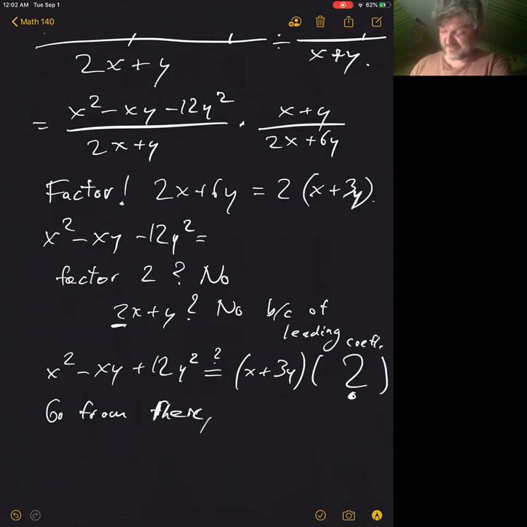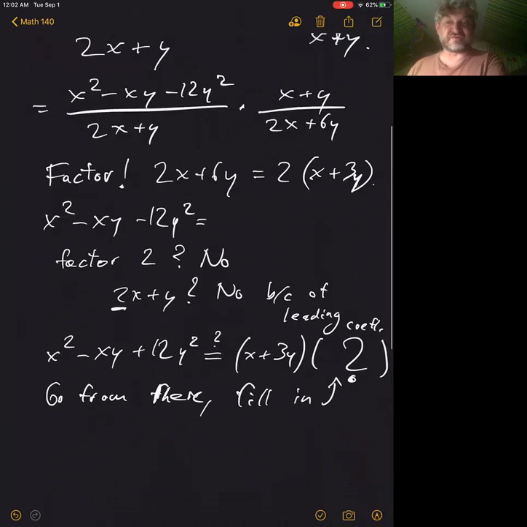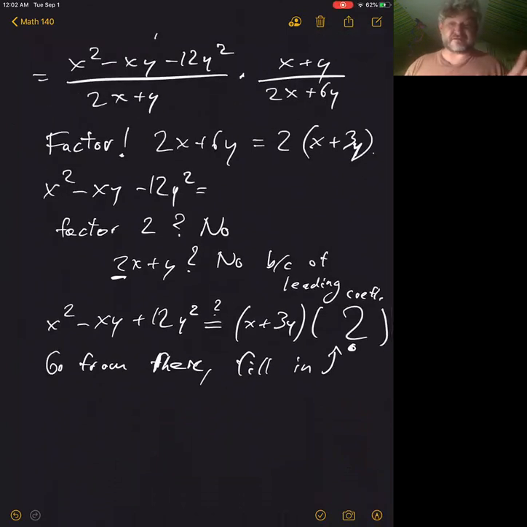So that's much easier than actually factoring when you need to find both factors. Here we just need to find one possible factor. Can we fill in that question mark with the polynomial? So how do we do that? x plus 3y.